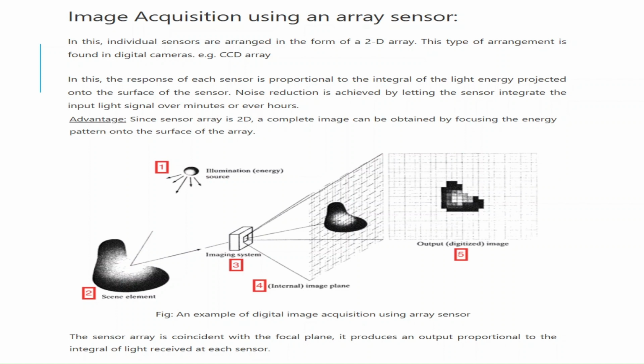This is seen in the output, that is our digitized image, which is processed through many other steps such as sampling and quantization. The sensor array is coincident with the focal plane, and it produces an output proportional to the integral of light received at each sensor. So the more the light or energy intensity, the better the quality of the image.